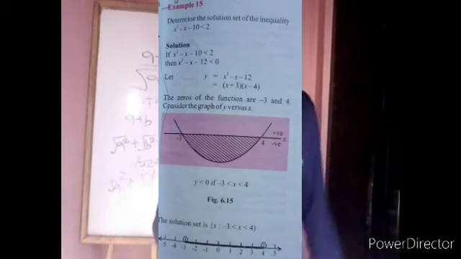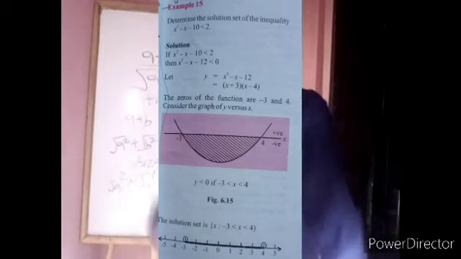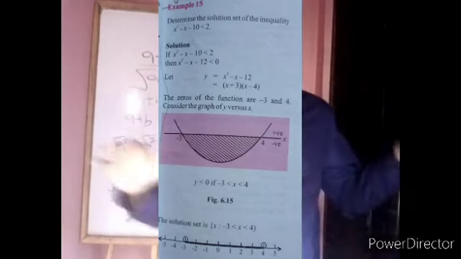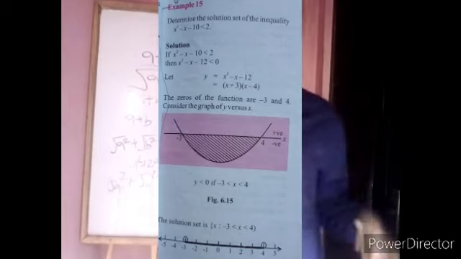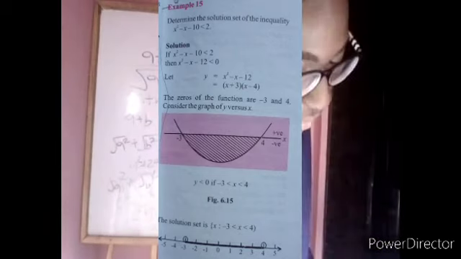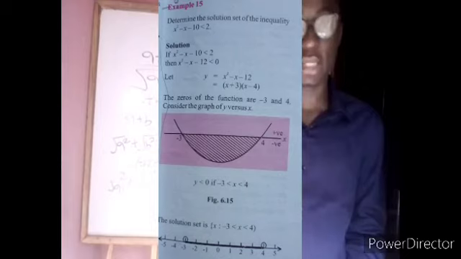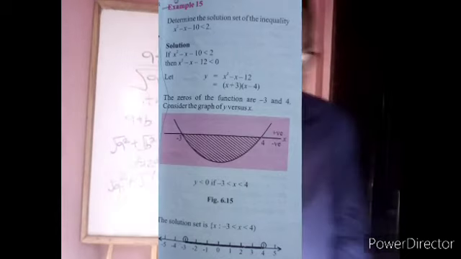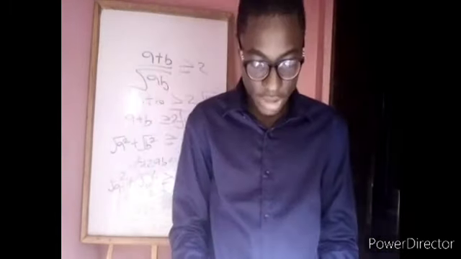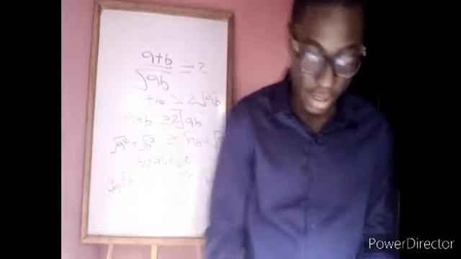You can see that at the bottom of this screen, the line with arrows and numbers. That is called the number line, and that is one way you can represent your answers in sets. So I hope you understand that concept, and I hope you will be able to deal with such questions if they happen to come your way.